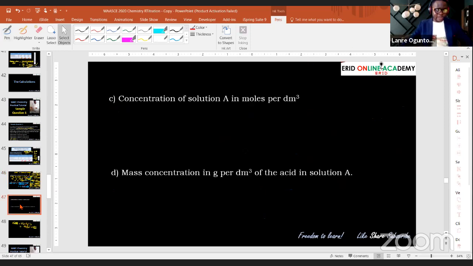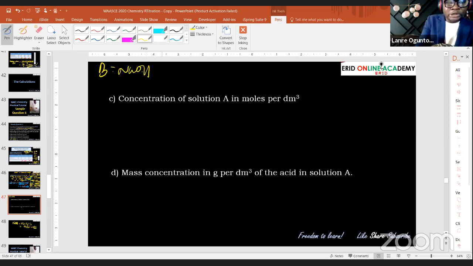Let's look at C. C says concentration of solution A in moles per dm³. Now, this is getting deeper. We have calculated the concentration of your base, B, which is sodium hydroxide.